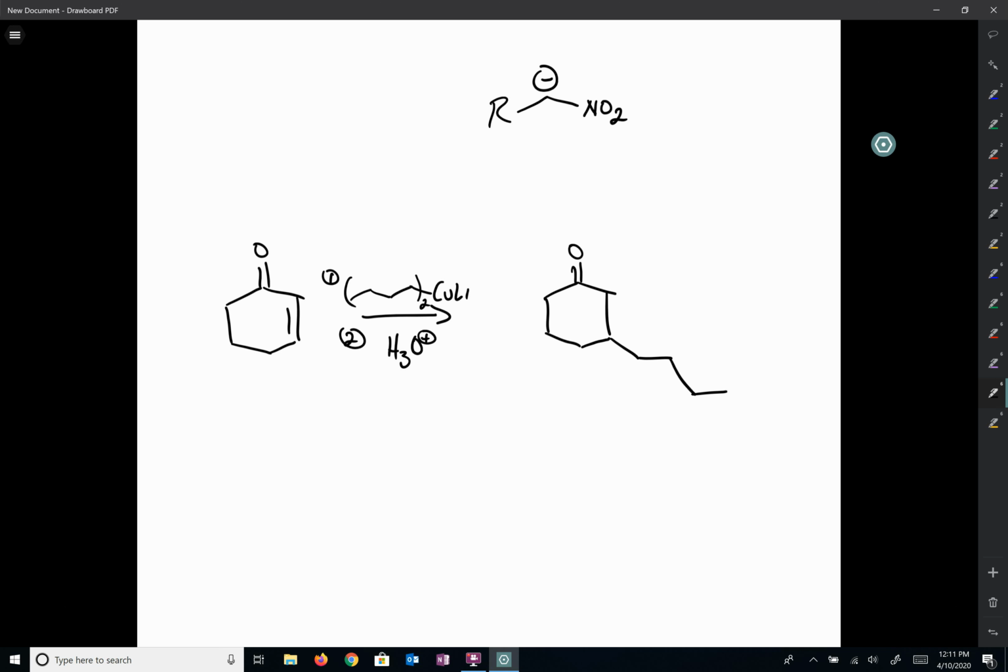Really, really useful. Because now we know how to set up a situation where we can add at the 4 position.